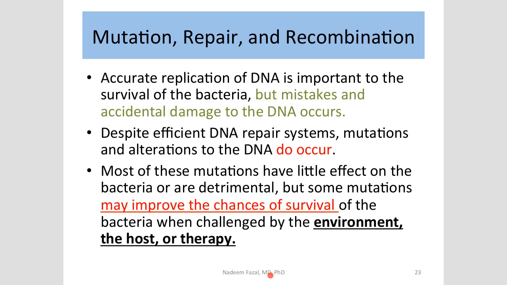That kind of mutation that occurs may improve the chances of survival, and they can survive in a hostile environment. So we used to wonder, if penicillin used to kill bacteria 10 years ago, why is it not killing today? The reason is mutation. Though it's a perfect system, if there's a mutation, that's what I'm going to spend time on, how these mutations occur.